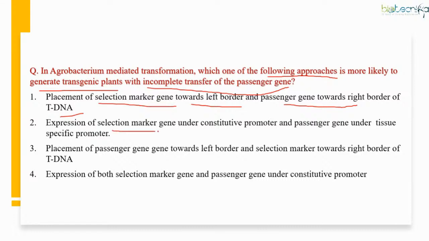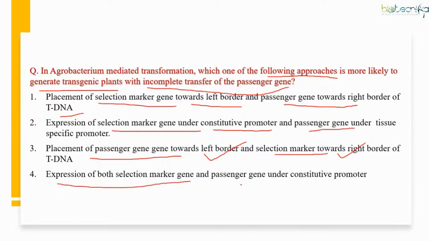Expression of selection marker gene under constitutive promoter and passenger gene under tissue specific promoter. Placement of passenger gene towards left border and selection marker gene towards right border of the tDNA. And expression of both selection marker gene and passenger gene under constitutive promoter. What should be the correct answer over here? Tell me.